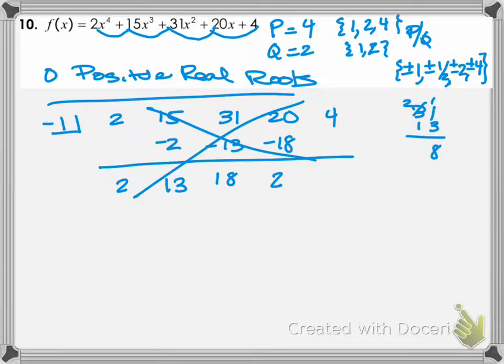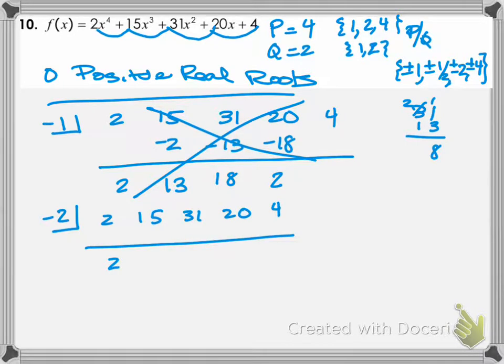I could go to 1/2, but I'm going to try to stay away from fractions. Let me try 2, but not positive 2 because I already know there isn't one. I'm going to try negative 2. So again, 2, 15, 31, 20, and 4. So that's 2, negative 4, that would be 11.